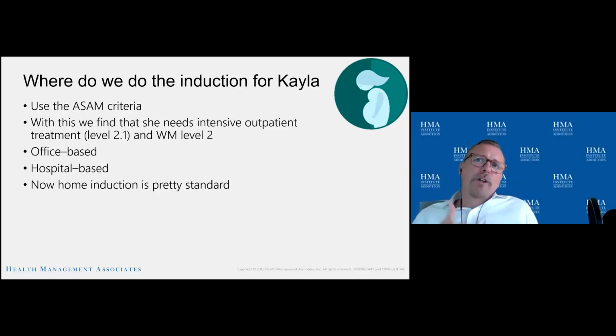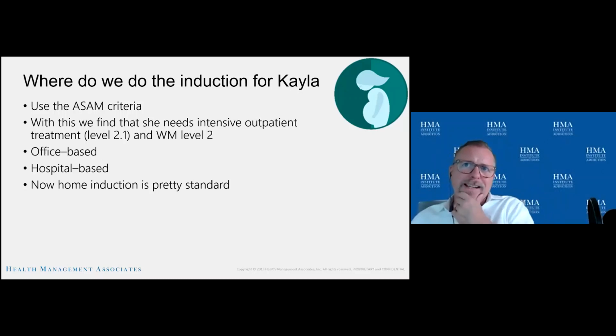But in order to know where Kayla needs to get treatment, meaning does she just need to go to an outpatient treatment provider, to a methadone clinic, an opioid treatment system, or to level 2.1 or 2.5, like intensive outpatient treatment or residential treatment, we really have to do a full assessment from the ASAM criteria, which looks at 6 dimensions. And those 6 dimensions are, taking a look at withdrawal and intoxication, looking at psychiatric issues, medical issues, where are they on the transtheoretical change and the risk of relapse and recovery environment.